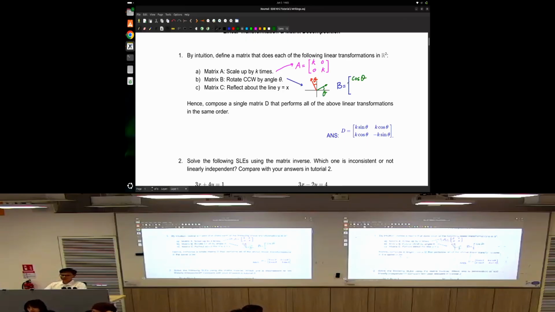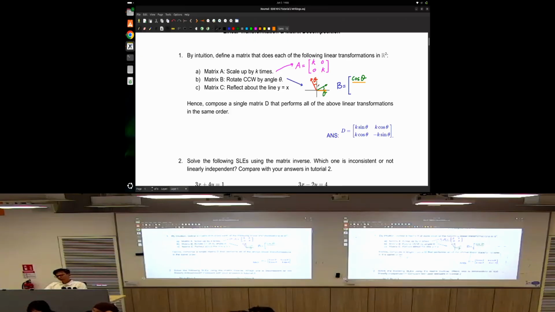Because that's the x component. The x component is the component that is here. Maybe let me use a different color. Can you see? This is the x component of the green vector, so therefore it must be cosine theta. Then what is the j component?